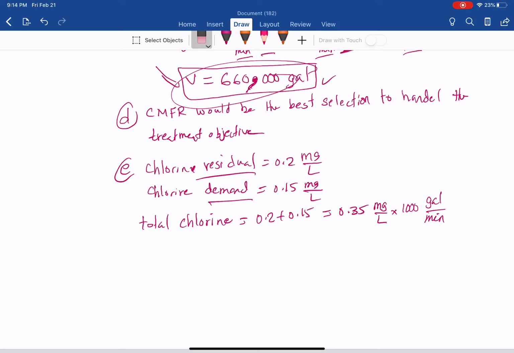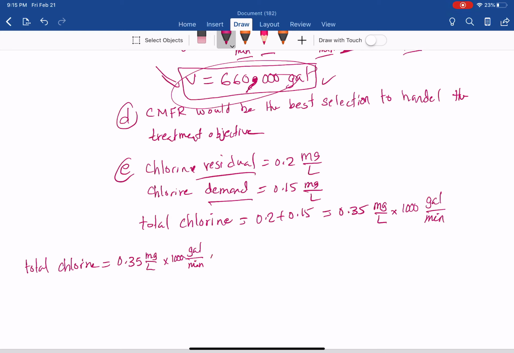So total 0.35 milligram per liter times 1,000 gallon per minute.